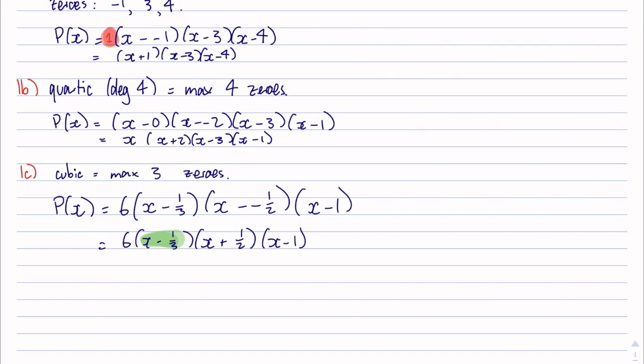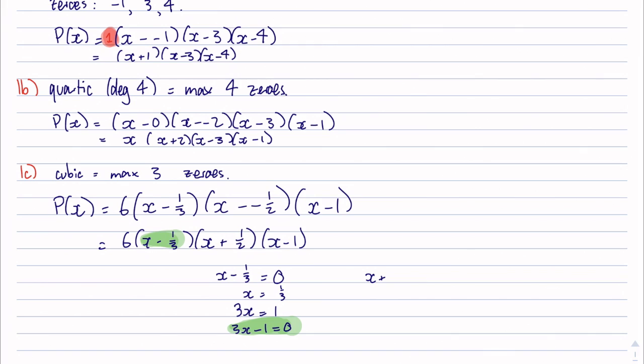Now, if we just had x take a third, the fact that it's a 0 means it equals 0. So x equals a third, which is the same as 3x equals 1, which means 3x take 1 equals 0. So instead of writing that, we're going to write that. We're going to do something really similar for x plus a half.